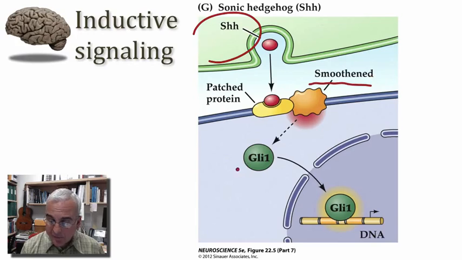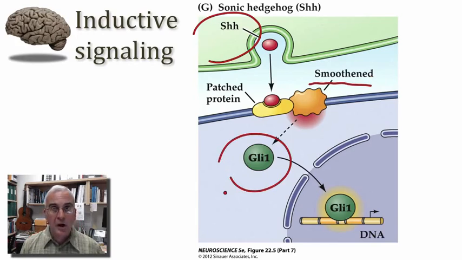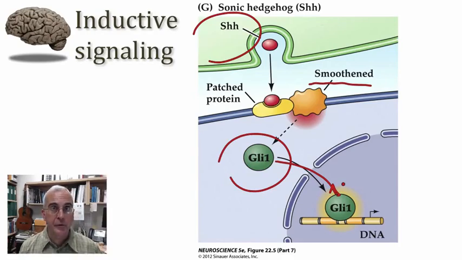Specifically, GLI1 becomes induced, and it binds to DNA and modulates gene expression. This Sonic Hedgehog-mediated signaling pathway is critical for the proper closure of the neural tube.